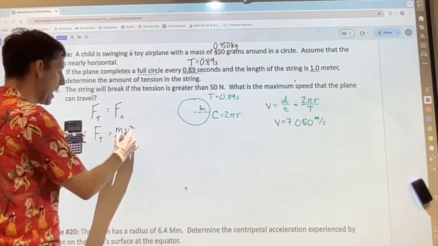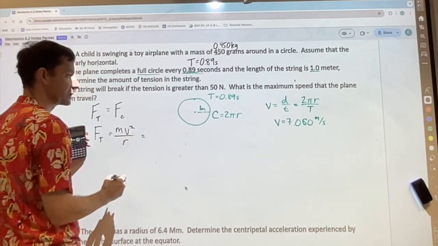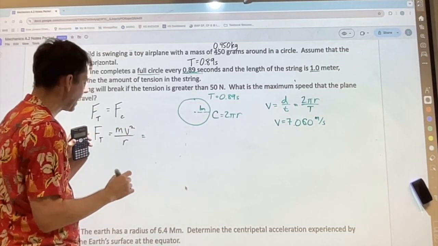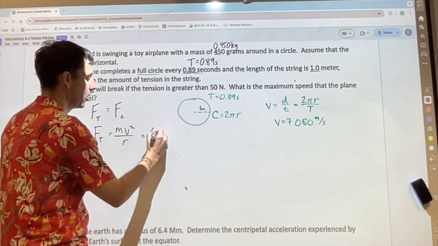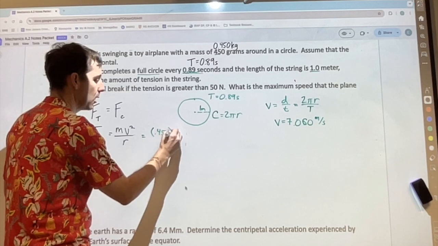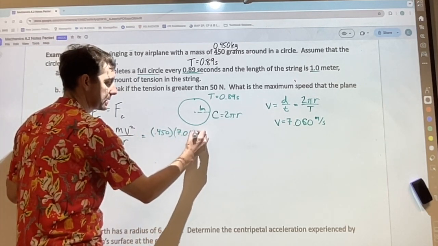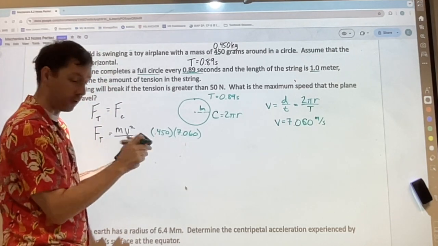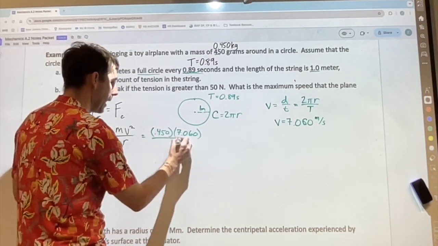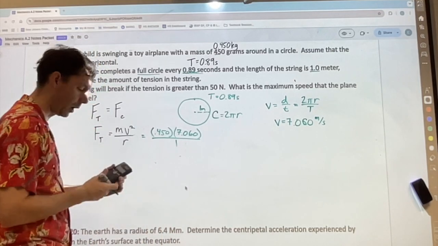So anyway, we now go back into the force of tension here. We're going to use what we just found. The mass, which we know is 0.450. The speed, which is that 7.060. I'm going to use the full number that's on my calculator and then divided by the radius, which is 1.